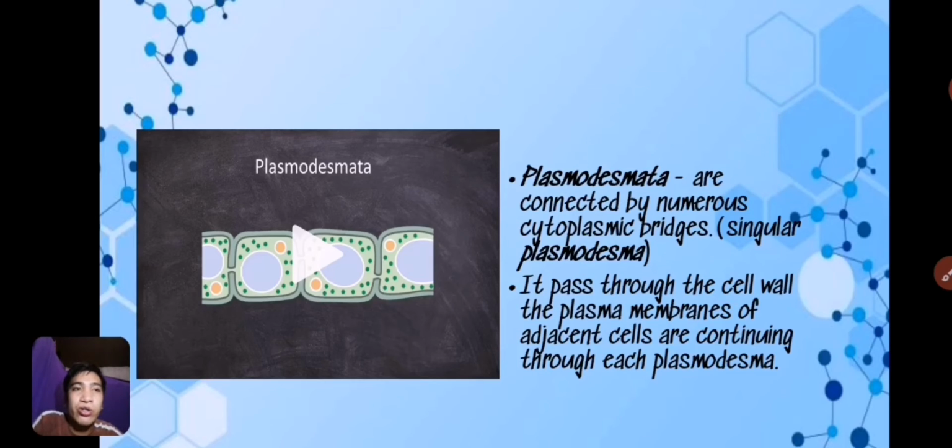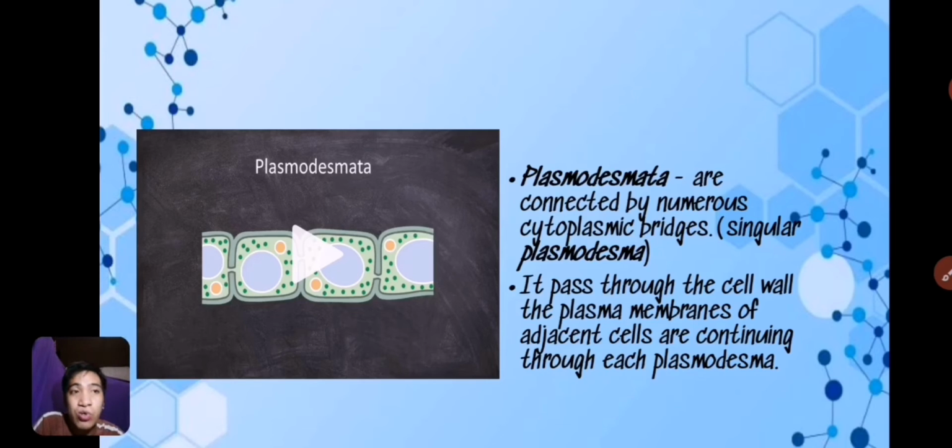We have another one, which is that plasmodesmata are connected by numerous cytoplasmic ridges. The singular form of plasmodesmata is plasmodesma.